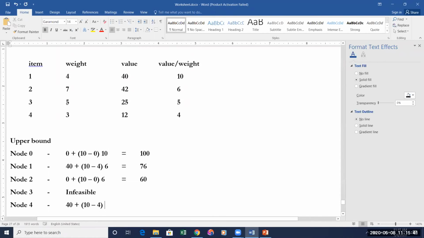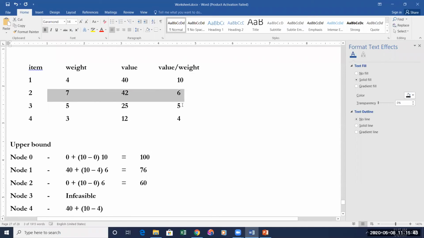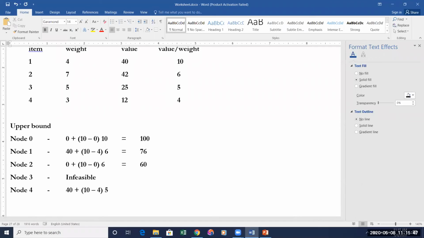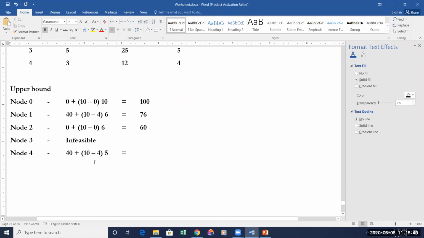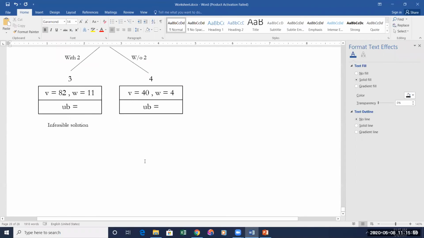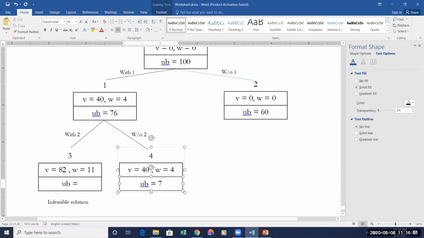You are currently considering item number 2. The next value by weight is 5. What is its value? 10 minus 4 is 6. 6 into 5 is 30. 30 plus 40 is 70. Node number 4 upper bound is 70.